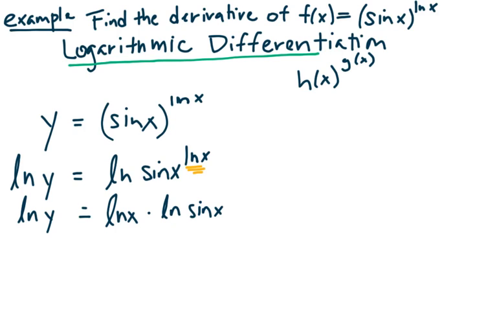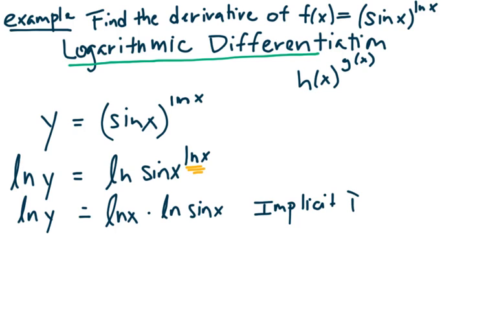And this is now something that we know how to take the derivative of. This is going to involve the product rule, which we've already learned. So ultimately I want to find dy dx. Notice I have natural log of y on the left hand side, so instead of solving for y, I'm going to use implicit differentiation.